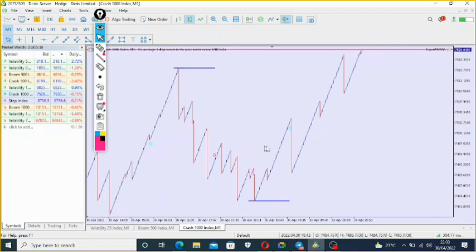Once the signal is not in alignment with the support and resistance you are seeing here, don't even follow it, because the support and resistance is more paramount, more effective, and more important for you to act in alignment with. Once you see this, you can enter your trade, right?